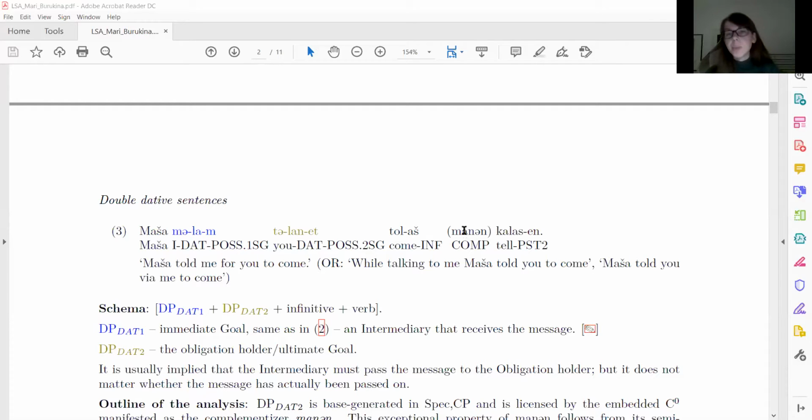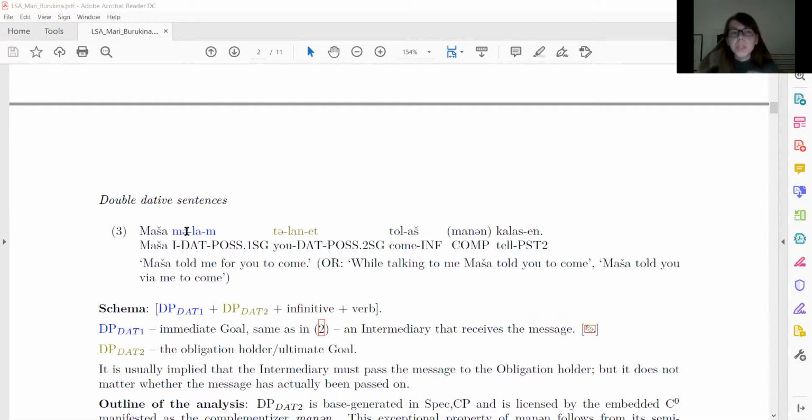We have here an optional complementizer manen in the embedded non-finite clause.